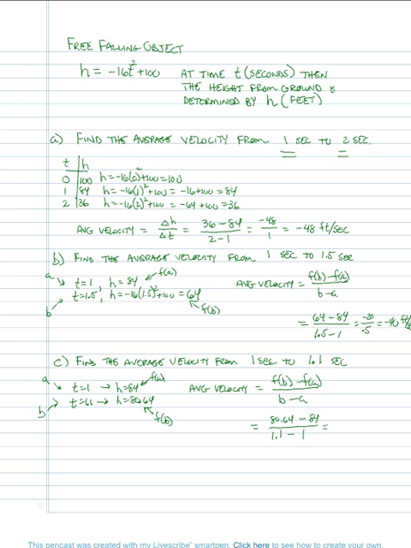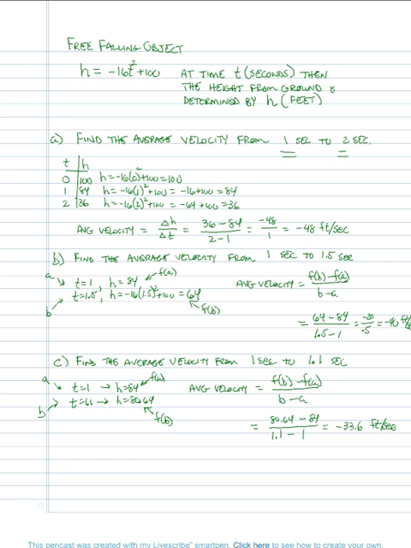And when we do this calculation, we get negative 33.6 feet per second. But once again, the negative is for going down. At this point, we're traveling at an average rate of speed or velocity of 33.6 feet per second.